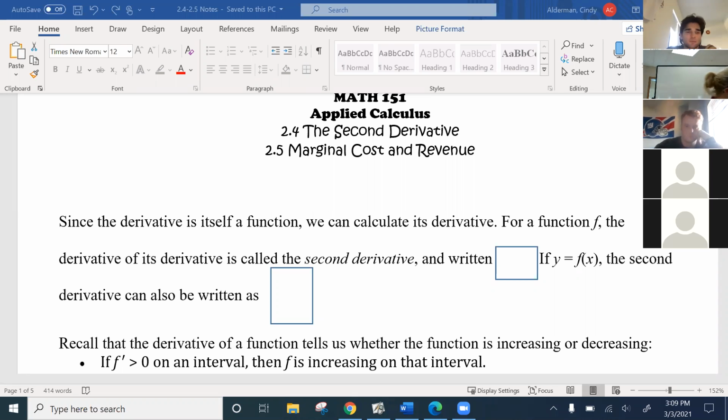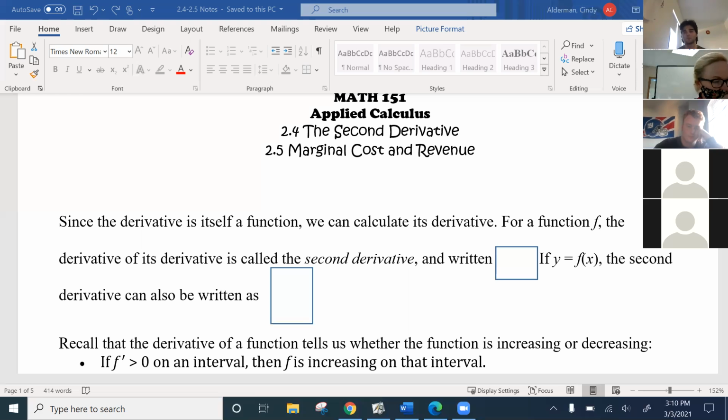Awesome. Cool. All right, so we're going to finish up chapter 2, doing 2.4 and 2.5, second derivative and marginal cost. Since the derivative is itself a function, we can calculate its derivative, like the derivative of the derivative.